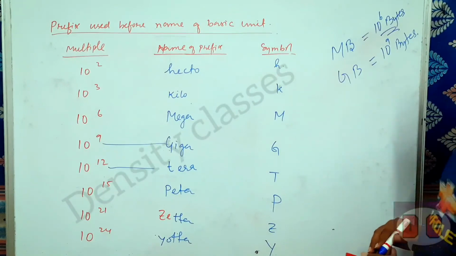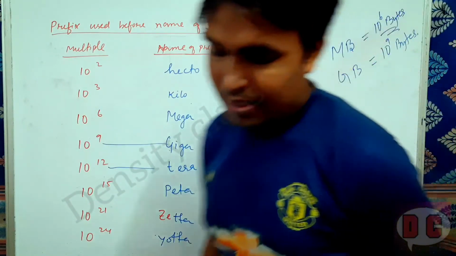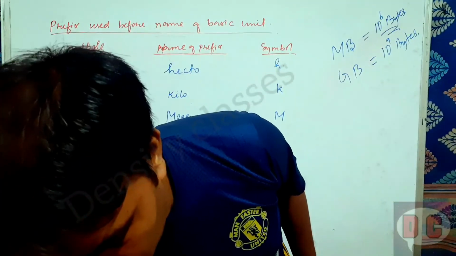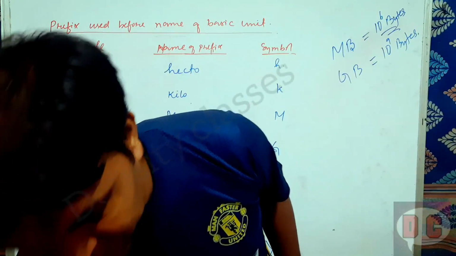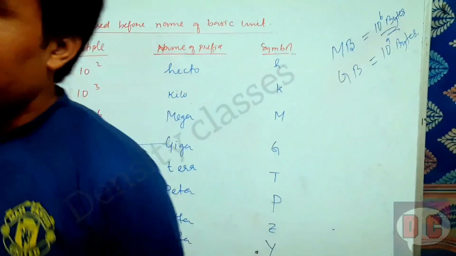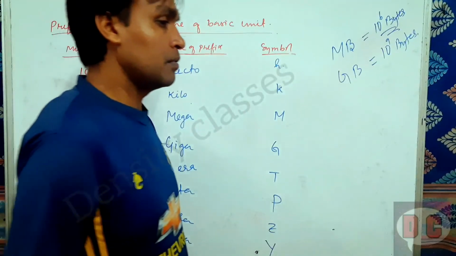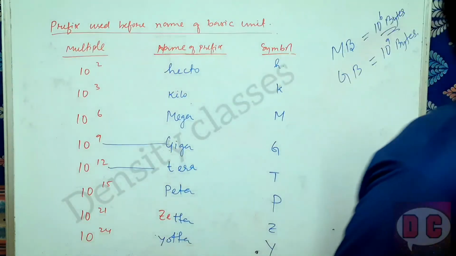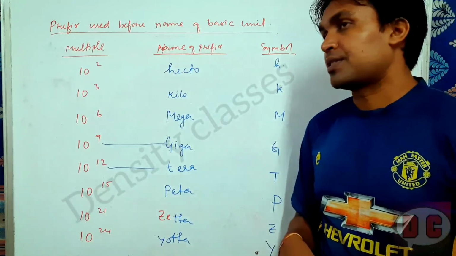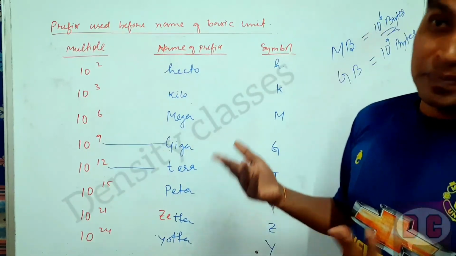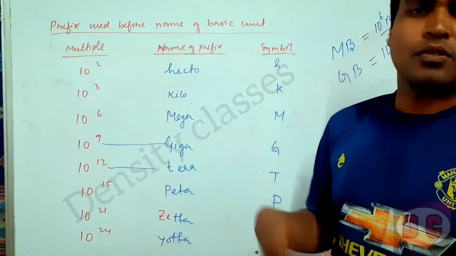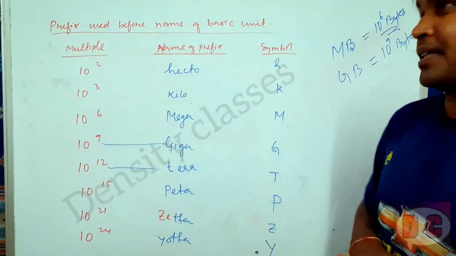So these things may sound very silly to you, dear students. Some of you might be thinking, sir, what are you teaching, we already know these things. If you know, well and good, but I am sure most of you might have neglected all these things. And if questions come from these portions in your competitive exam or board exam, you will regret why you didn't study.